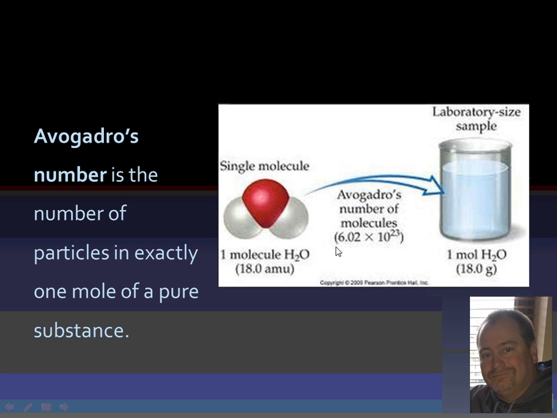What did we say we had in 1 mole of carbon? 6.022 times 10 to the 23rd atoms of carbon. So 1 mole of any substance is equal to what? Avogadro's number, 6.022 times 10 to the 23rd. It could be atoms, it could be molecules, it could be formula units.